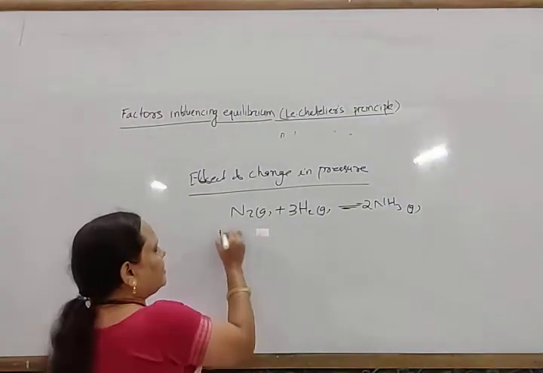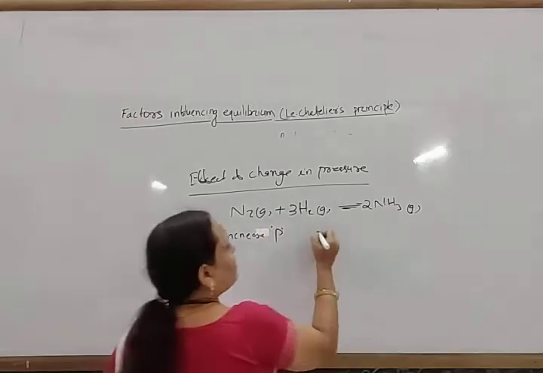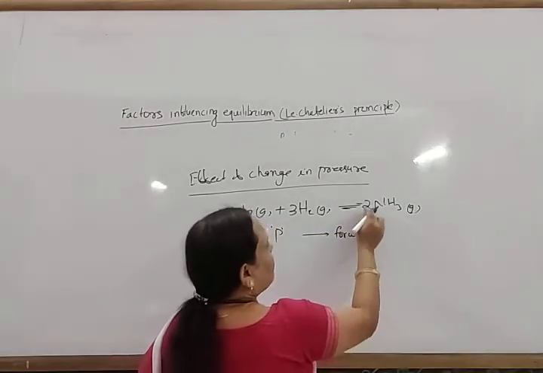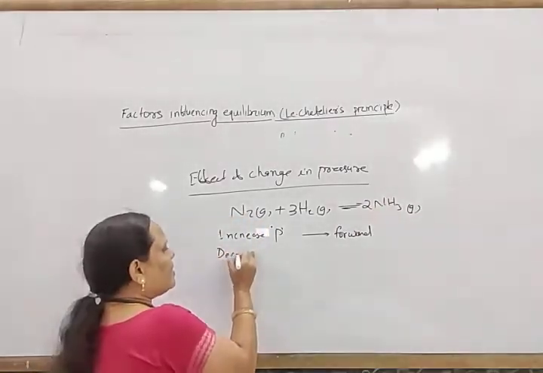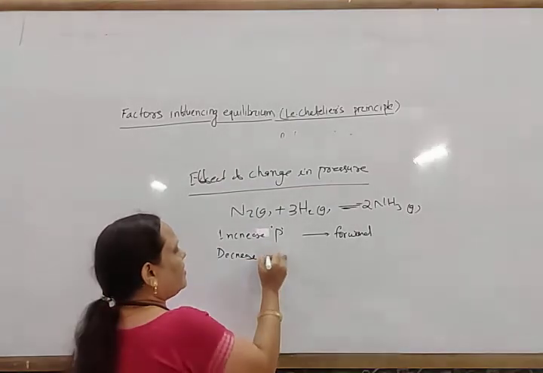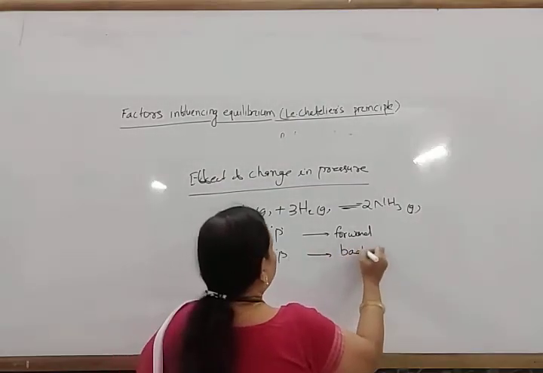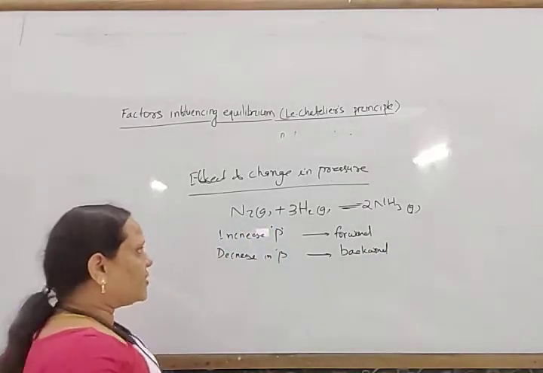So in this case, the equilibrium shifts forward, forming more ammonia, and similarly a decrease in pressure shifts the equilibrium backward, towards more gaseous moles.